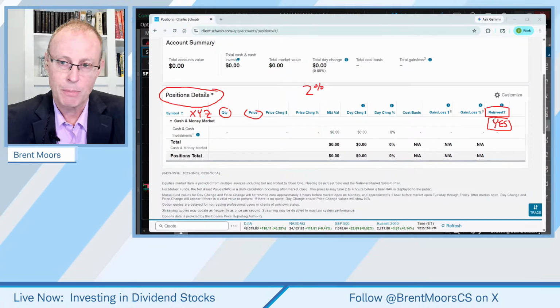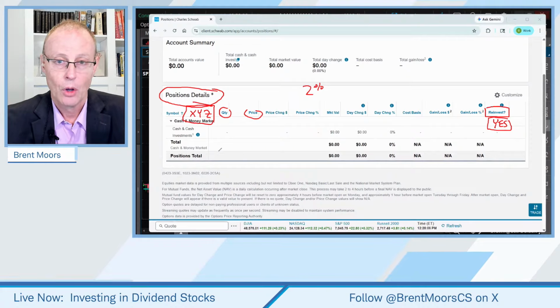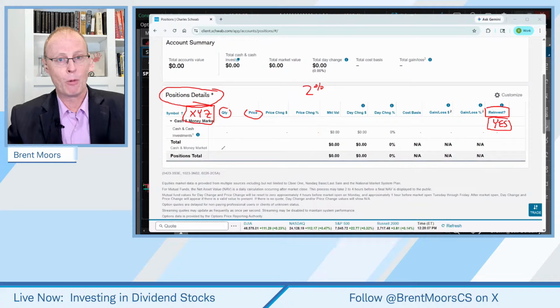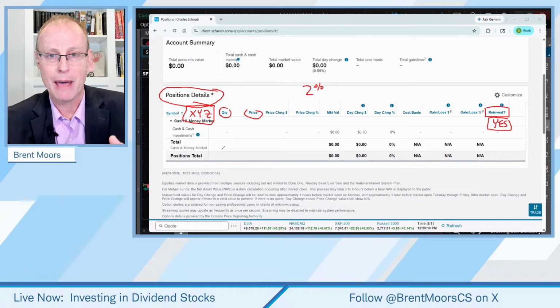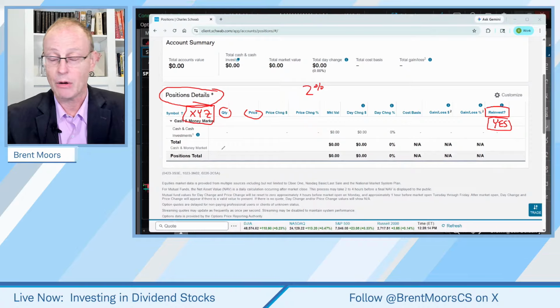And instead of being pushed into just a cash account, it's going to reinvest and you'll end up buying more of your stock, which a lot of people would say is probably a better use of your money than the money market account. There are times when cash in a money market account may absolutely make sense.